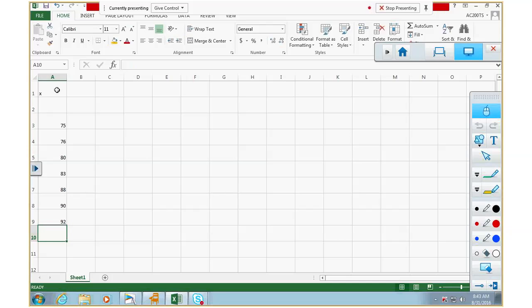All right, the first thing you're going to need to decide is, put X right here. And up here, we're going to put N is equal to, N is the number of actual grades. So 1, 2, 3, 4, 5, 6, 7. N is equal to 7. Remember, N is always your total.